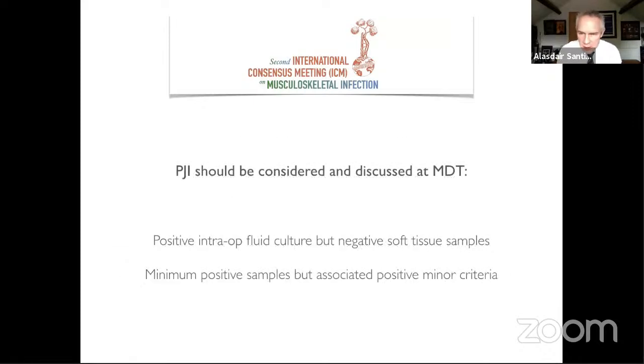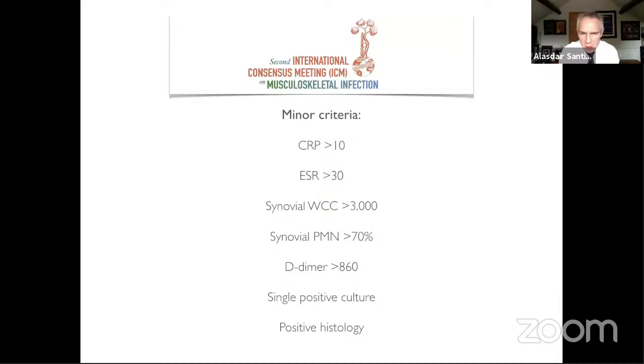But there are some cases that come up when it's possibly, but not definitely, infection. These certainly should be discussed at MDTs. So people who have got positive intraoperative fluid cultures, but negative soft tissue samples, or those who have got a number of minor criteria. And the minor criteria were raised CRP, ESR, synovial white cells of 3,000 or over when you've got 70% polymorphs, single positive cultures, and positive histology.